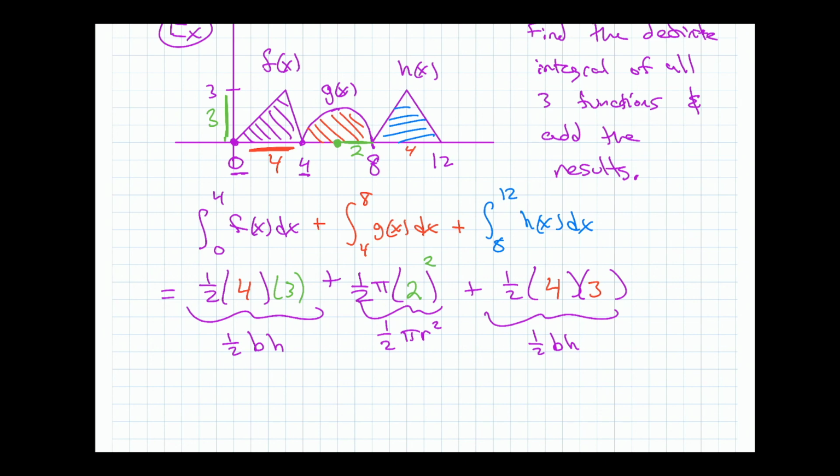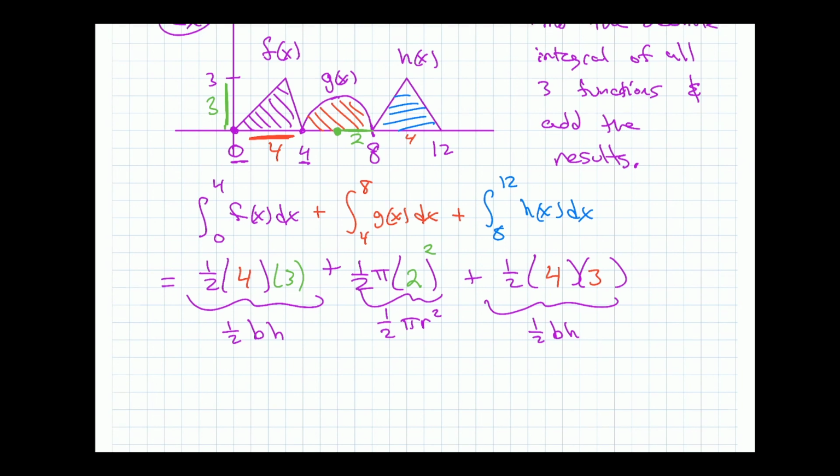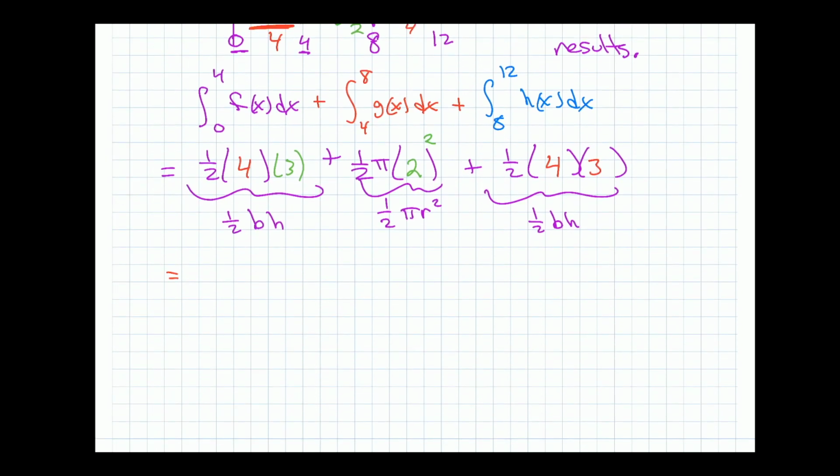So you add up the areas there, and those areas are going to be those integrals. So you just add them all up. So 1/2 times 4 times 3. 4 times 3 is 12, times 1/2 is 6. Next one is 2 squared is 4, right? 2 squared is 4, times 1/2 is 2, times pi, so that's 2 pi.